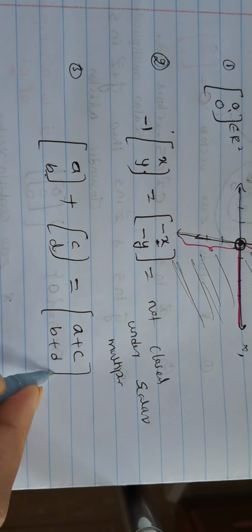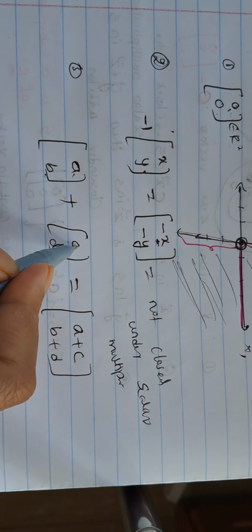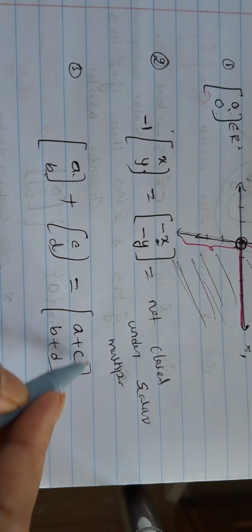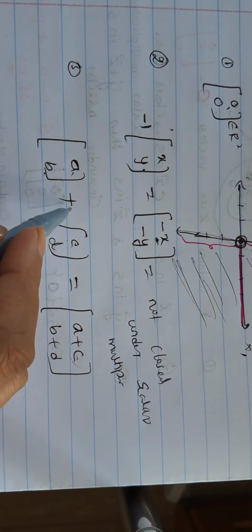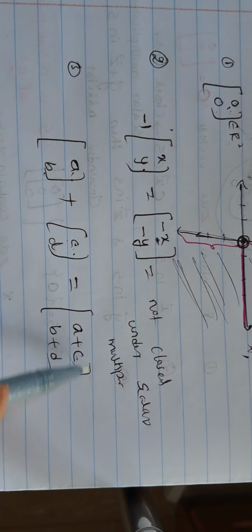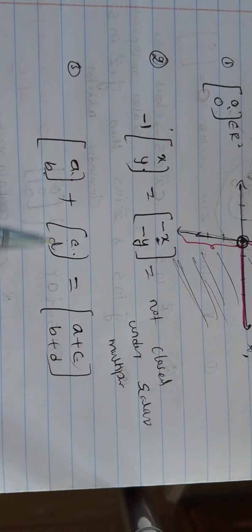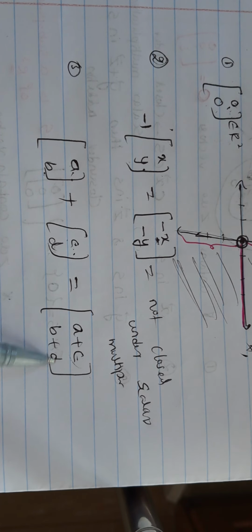If you observe carefully, as a is greater than or equal to 0 and c is greater than or equal to 0, the sum also should be greater than or equal to 0. These are non-negative, so the addition will be non-negative. And as we don't have any restrictions on b and d, there is nothing to worry about here.